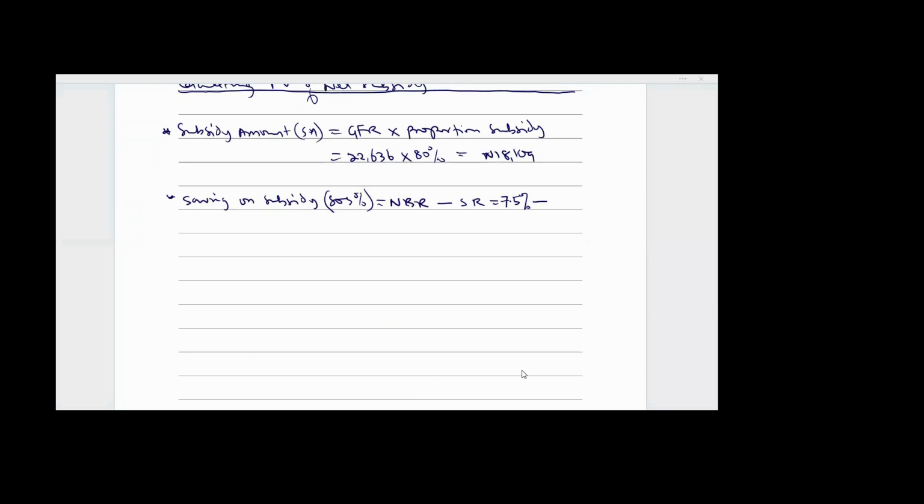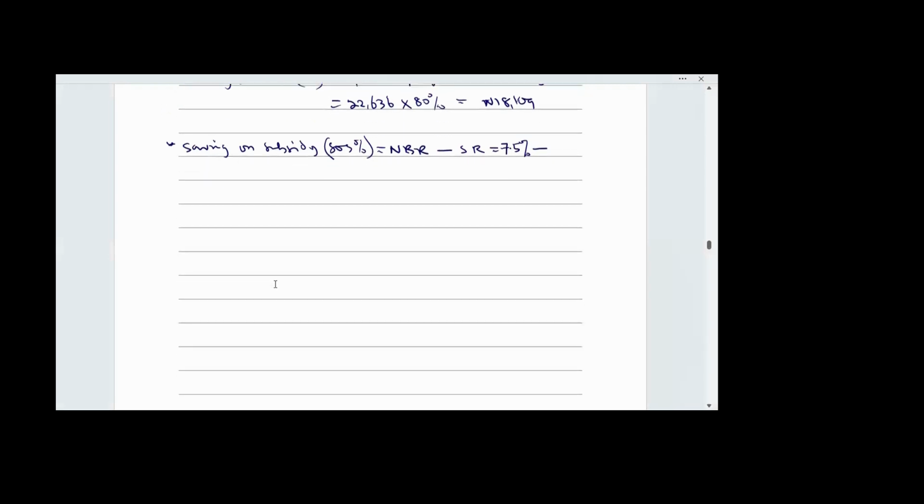According to the question, the interest rate on the subsidized loan is 200 basis points below the normal borrowing rate of 7.5%. 200 basis points is the same thing as 2%. So 2% below 7.5% is 5.5%. Therefore, my subsidy rate is 5.5%, so the savings on subsidy is 2%. Then the next thing we need to do is to determine the net subsidy.